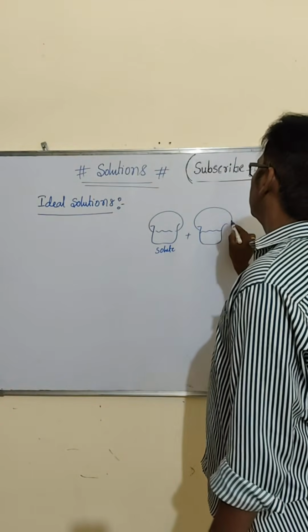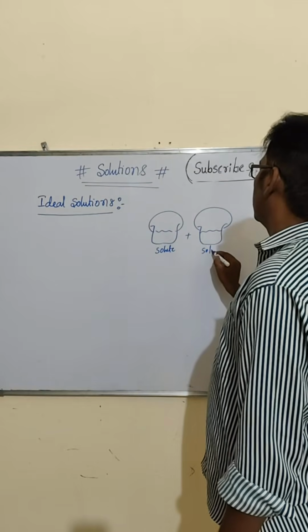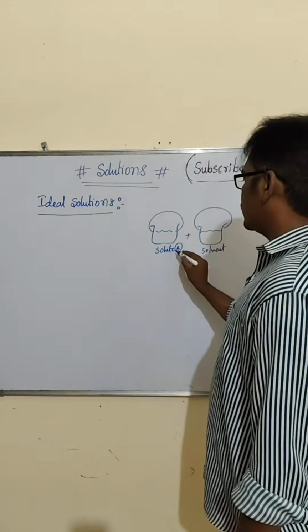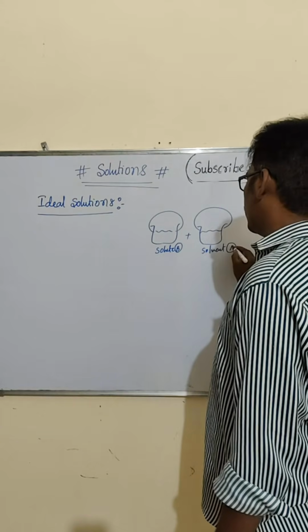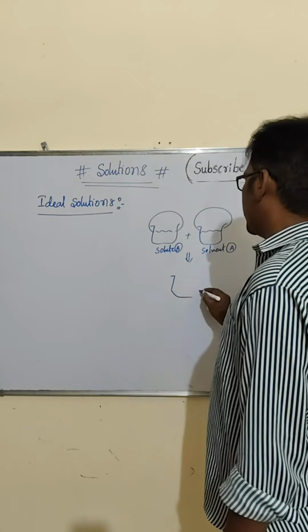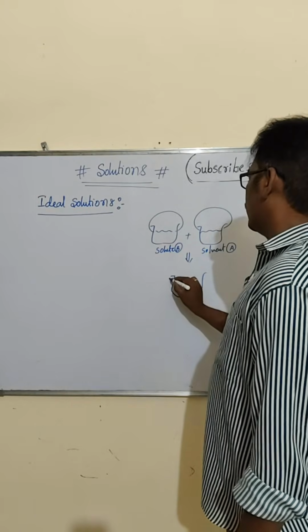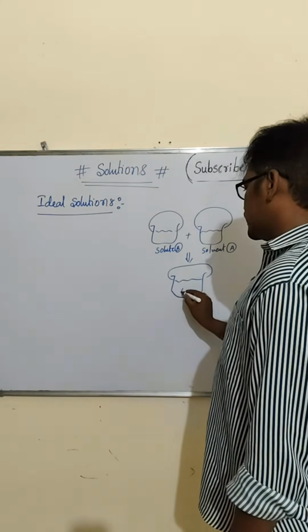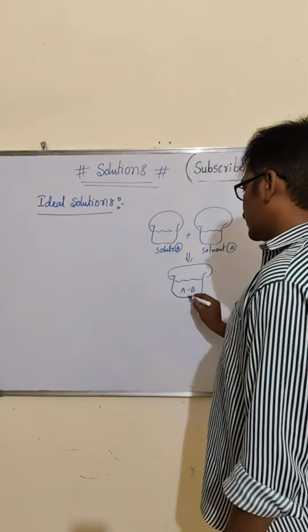By adding both, just assume the solute as component B and the solvent as component A. Once both are added, we can prepare a solution. This is a solution; in this A will be there and B will be there.